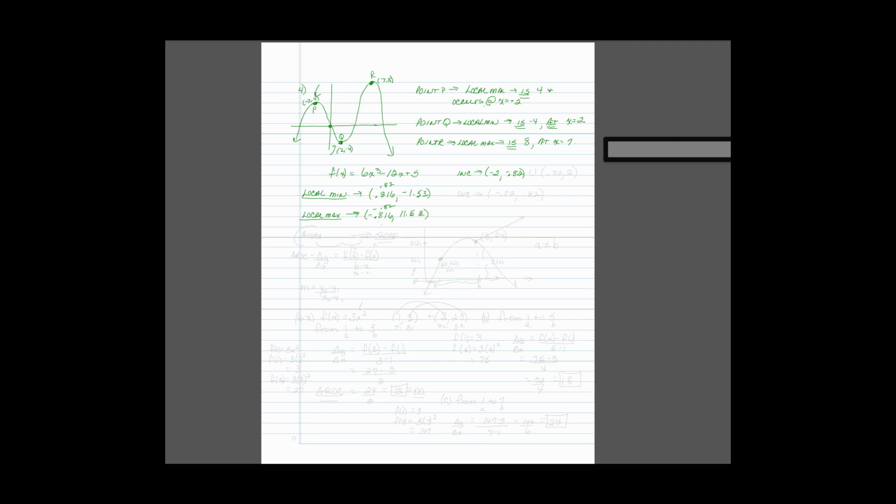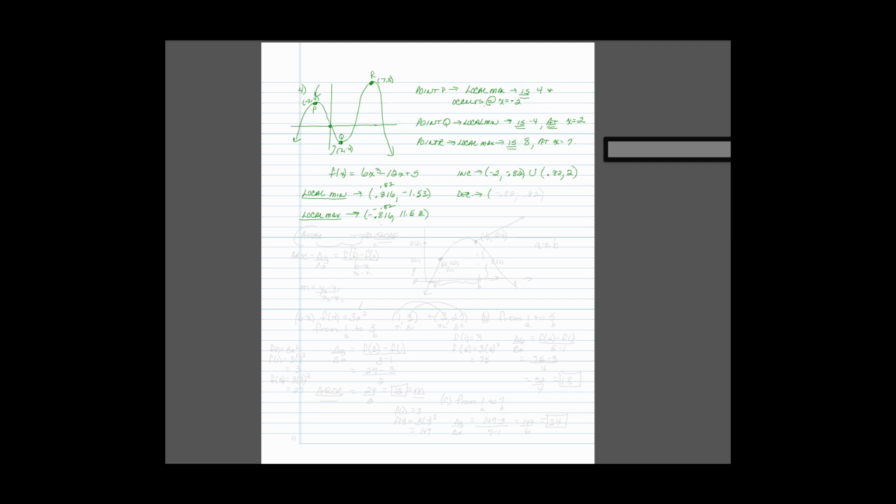Now, is that the only place that it is increasing? No, it's also increasing. So union with, where does it start? It starts at the min point. And that was when x was 0.82. And where does it go to? Well, our graph only goes to 2, so that's as far as we're going to say. We're not going to go to infinity there. All right, let's do decreasing.